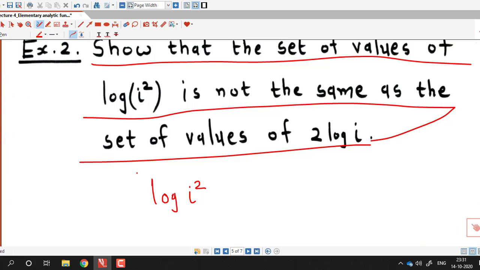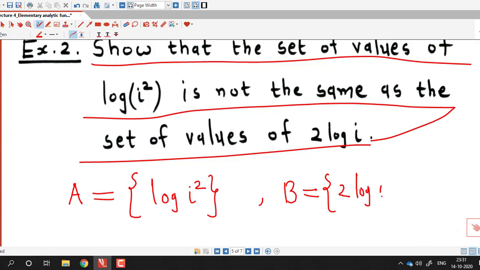So suppose in one set I have all the possible values of log of I square, and in another set I have all the possible values of 2 into log I. Here we are asked to show that these two sets are not equal.